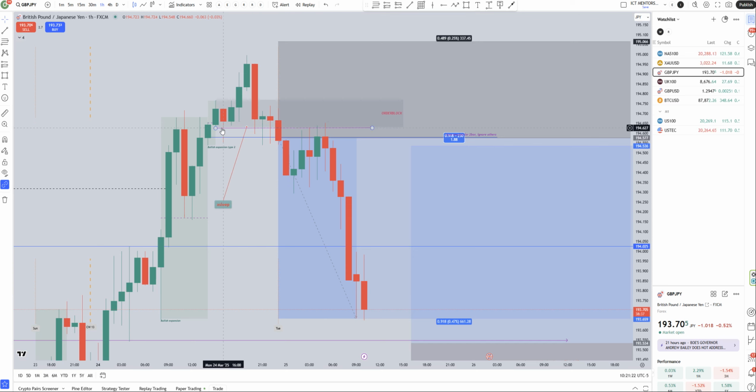Like I said, I want our expansions to have a close. So I think this is still a working theory that even if it's this and it's a CSD, what I'm trying to say is that if my OB is part of a bullish expansion of a type 2, don't sell this.